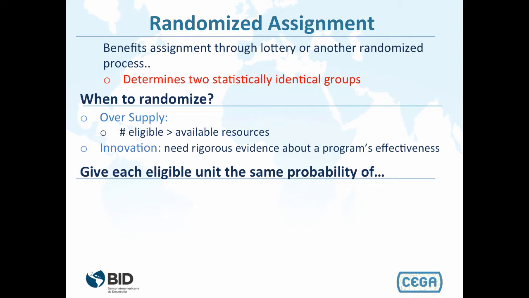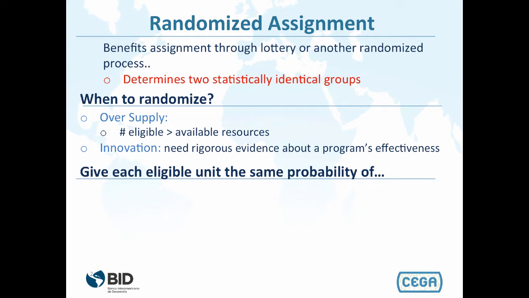We have to decide on a method to decide who will get it and who won't. Now remember, we have people who are eligible. We have too many eligibles for too few program benefits. So who's going to get it and who isn't going to get it? One method is for us to rank based on need.